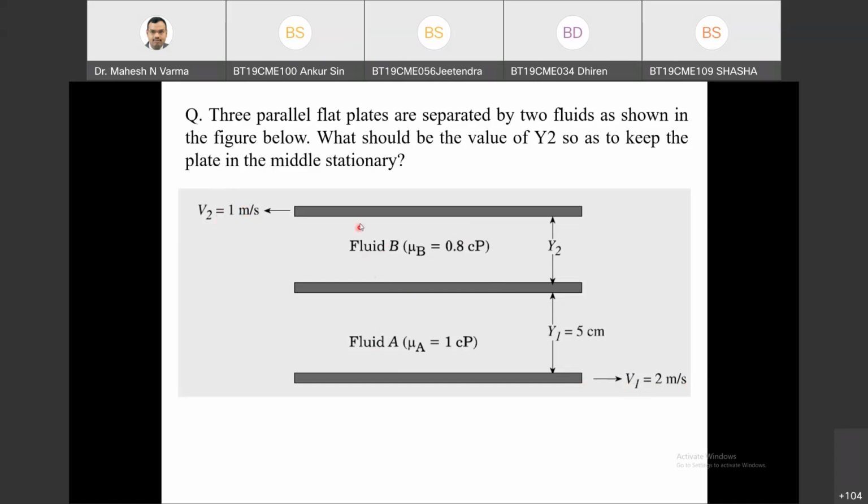There will be shear stress exerted by each plate. What should be the value of y2 so that the middle plate is kept stationary? The momentum flux exerted by one plate must equal that exerted by the other.